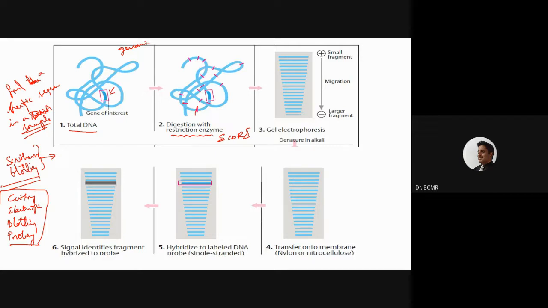And so the genomic DNA, which is large, is now present in fragments. And these fragments can be electrophoresed, and you can have the DNA in one place.